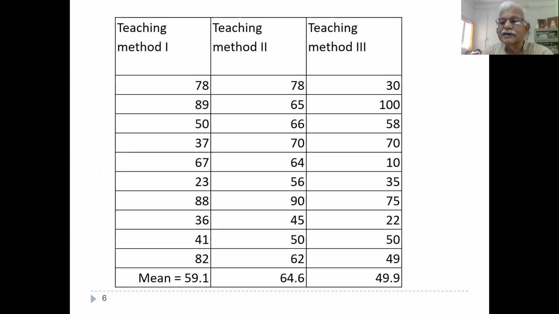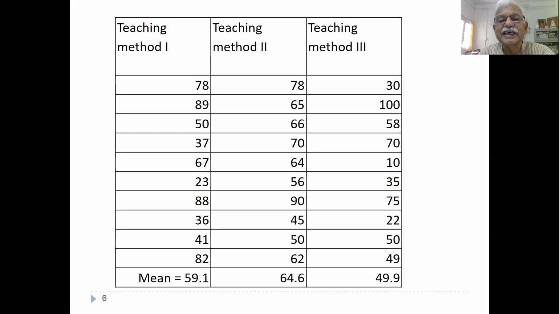But just by looking at means, we may not be able to say whether the differences are significant or not. I am using the term significant in terms of whether the differences can be attributed to sampling fluctuation. The whole statistics is about testing whether the differences can be attributed to sampling fluctuations.